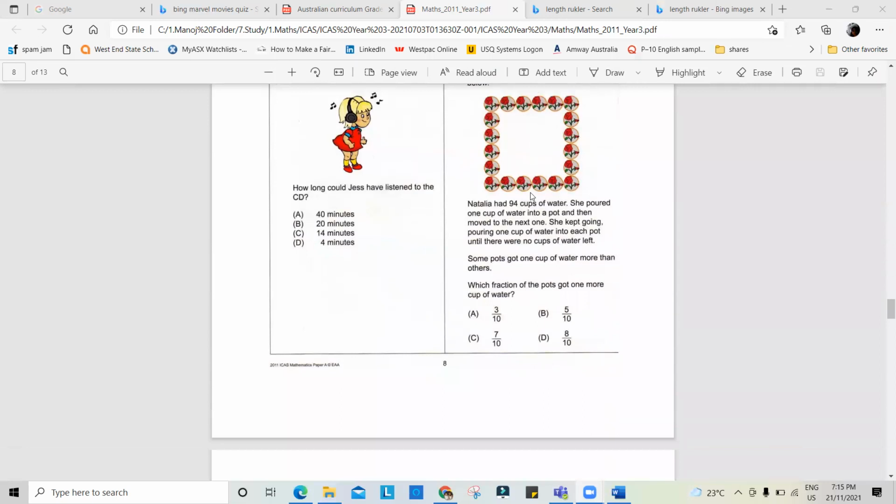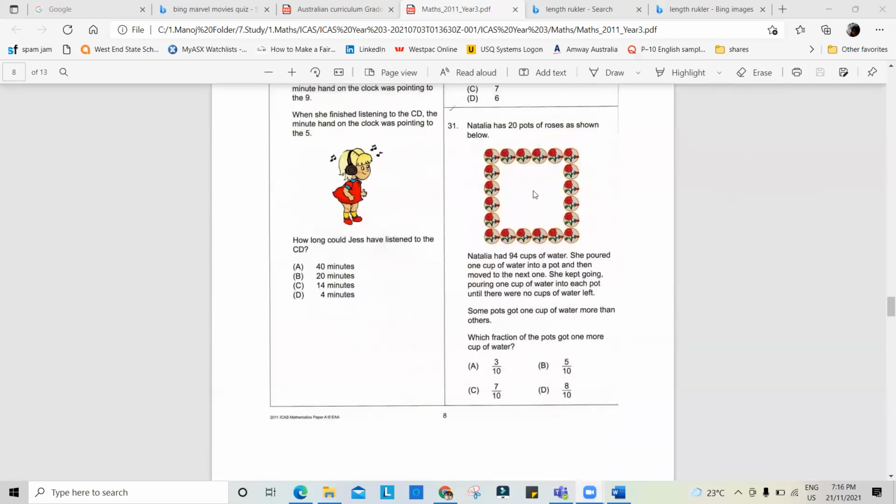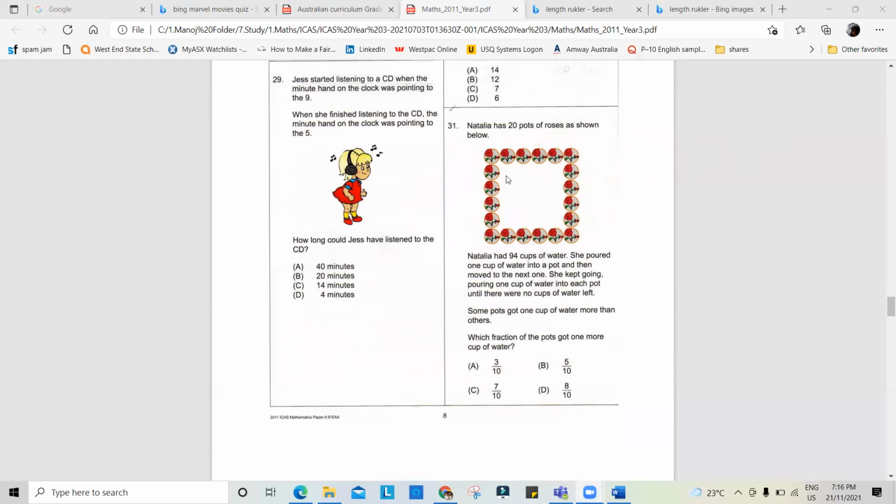The next question is 31. Okay, Natalia has 20 pots, as shown below. Natalia had 94 cups of water. We write pots, 20.